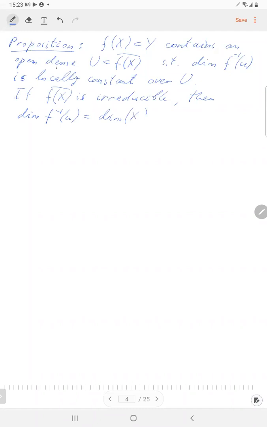So dimension of X minus the dimension of its image, for any point in this open subset.